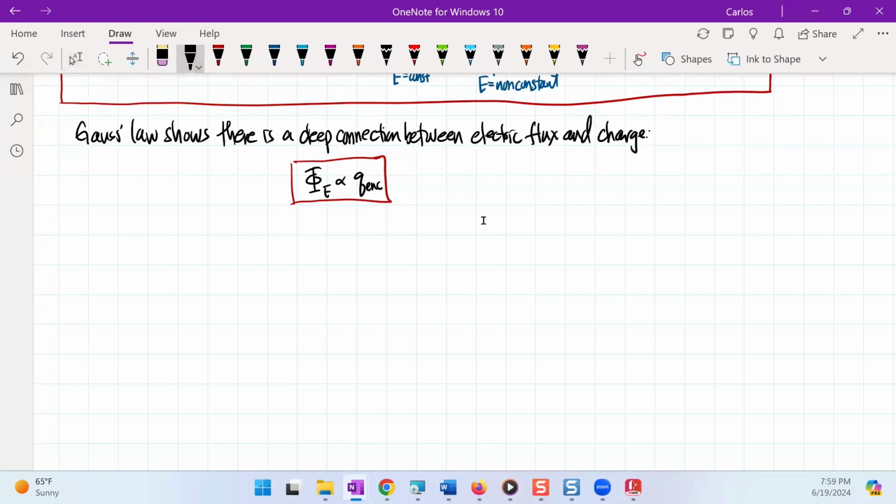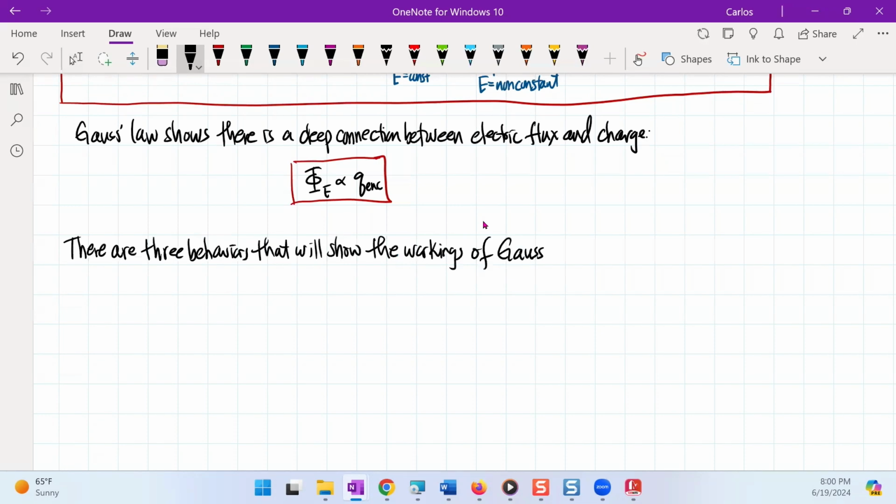And so there are three behaviors that will show the workings of Gauss's law.